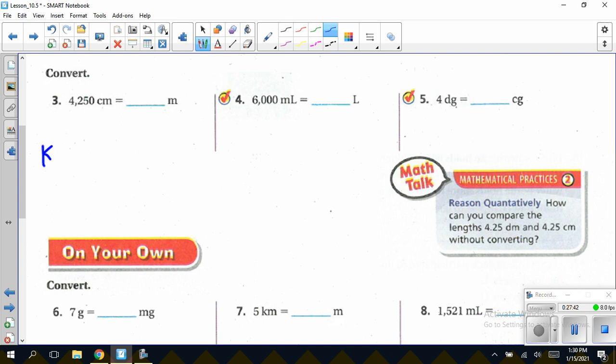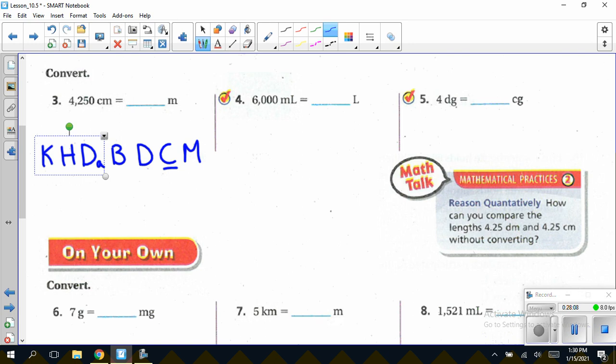So for number 3, King Henry died by drinking chocolate milk. I do know that I'm starting with centimeters, so I'm going to underline the C to represent centimeters. And this is where people get tricked because I'm converting to meters. A lot of people try to underline the M because they think M represents meters.